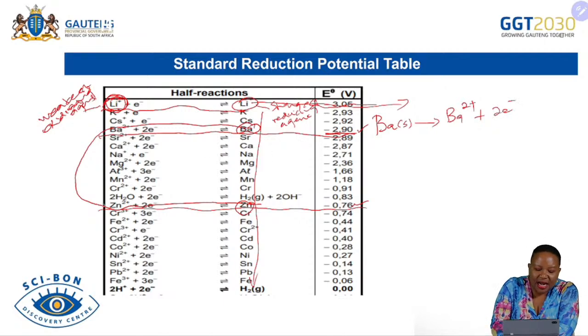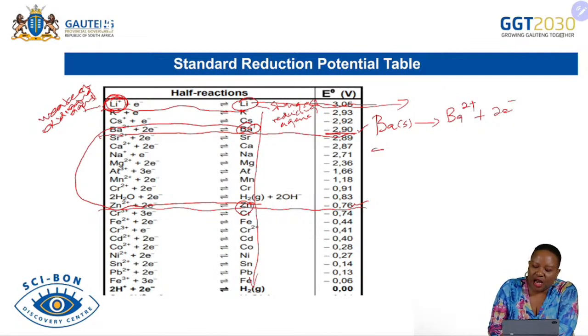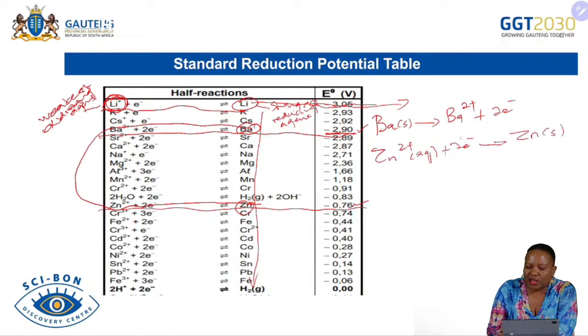Now, because zinc failed to undergo oxidation before barium, zinc ion will gain those electrons. Remember, an ion is in aqueous solution, so zinc 2 plus aqueous, plus 2 electrons coming from barium, forms our zinc solid. So already we have identified our oxidation and our reduction half reactions.